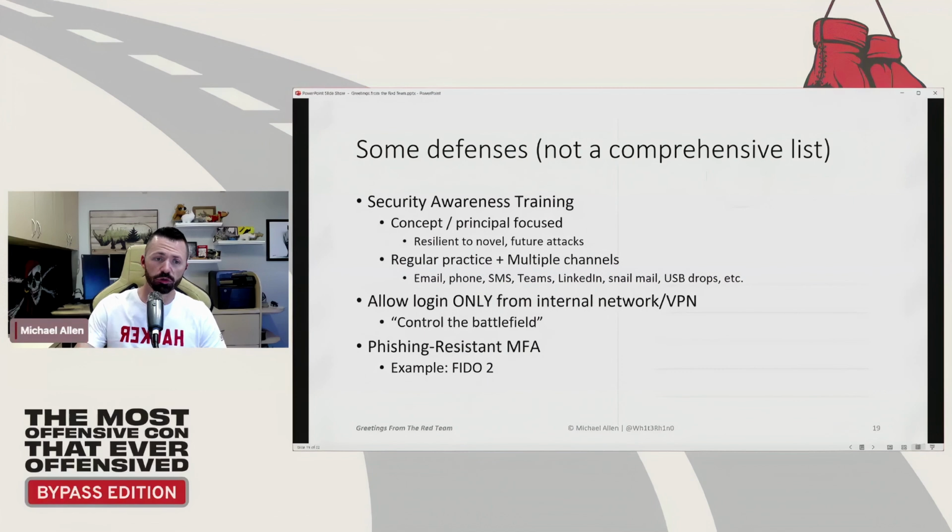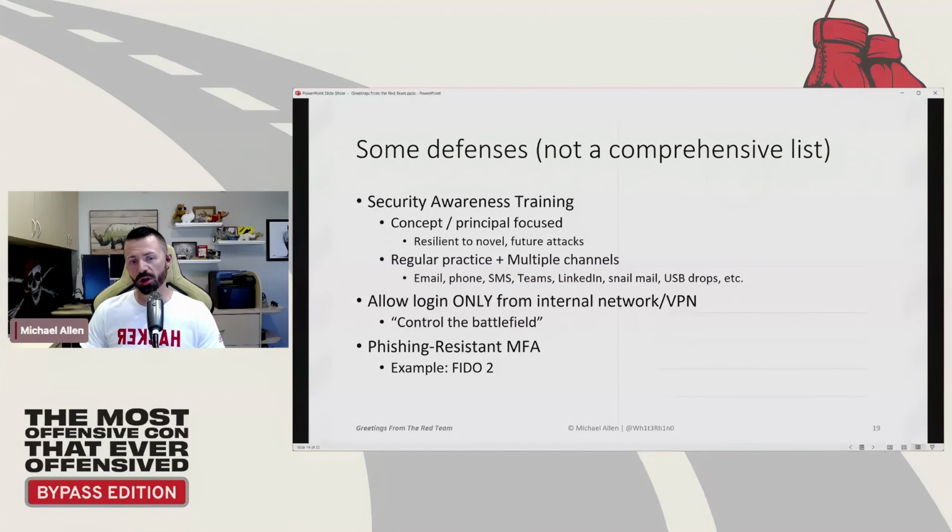So, right now, if you were doing quarterly email phishing, you might decide to change that up and do email this quarter and maybe text messages next quarter, and then Teams messages or LinkedIn or even something through the mail the following quarter. By changing it up like that, you train the user to expect the unexpected.